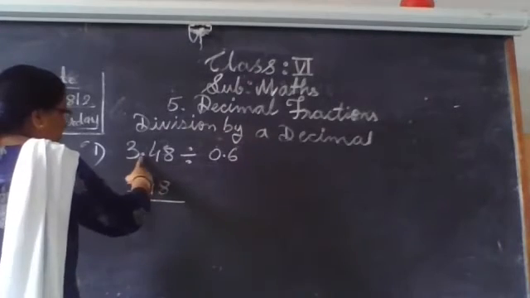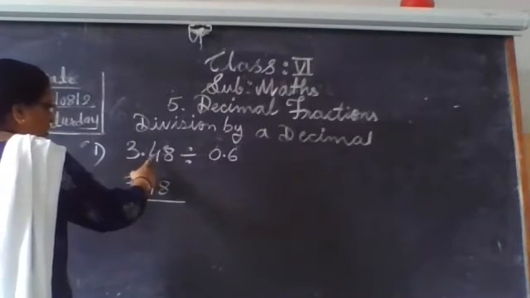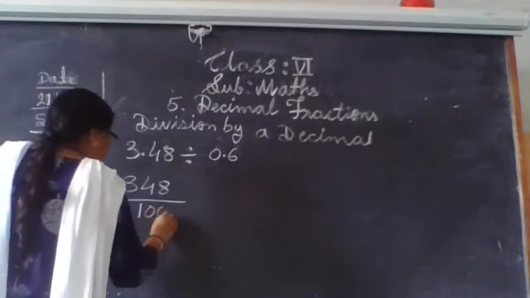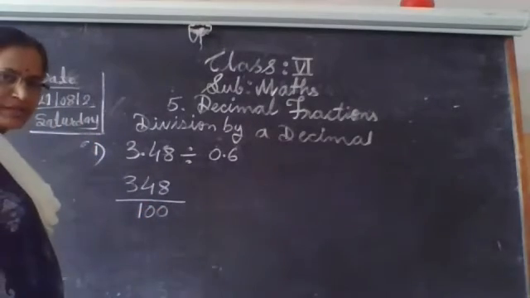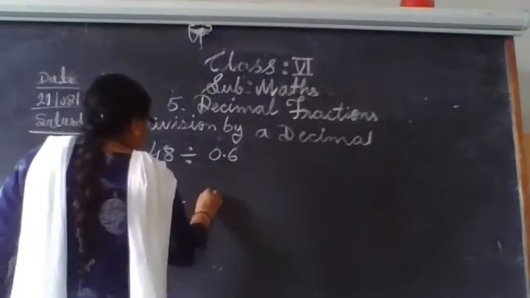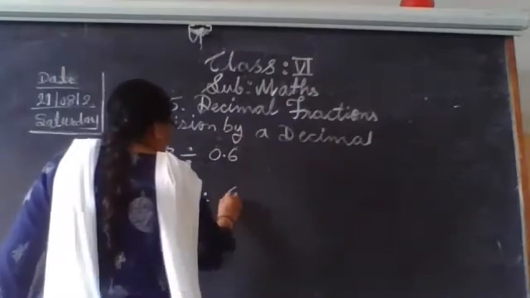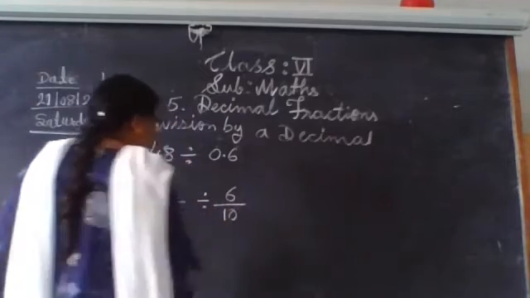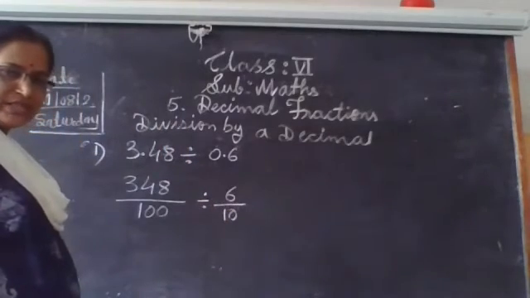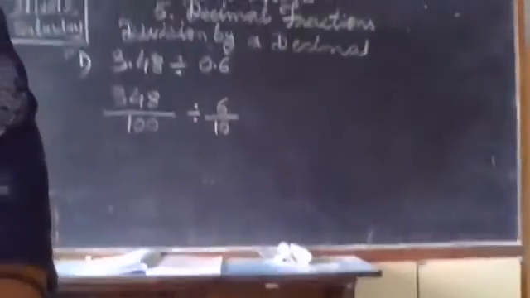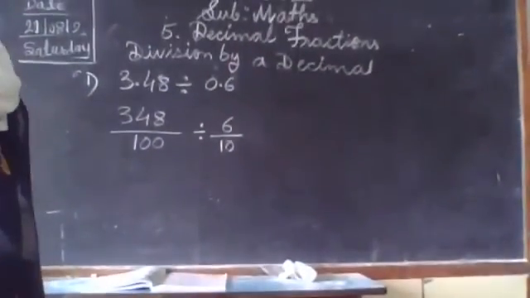Here the decimal point is after 2 places, 1, 2. So we will write divided by 100. Yes, 0.6 means it is 6 upon 10. Got it, children? Okay.